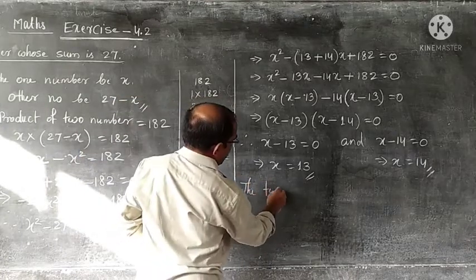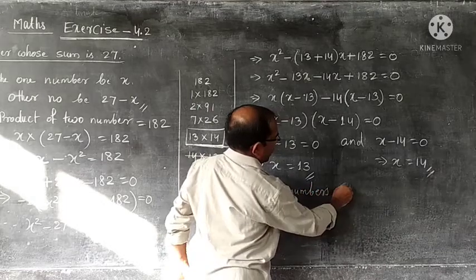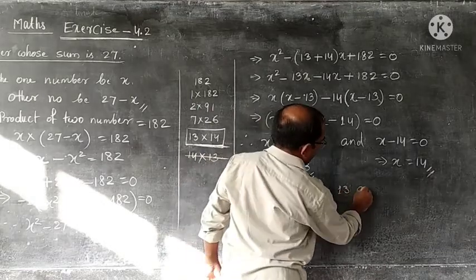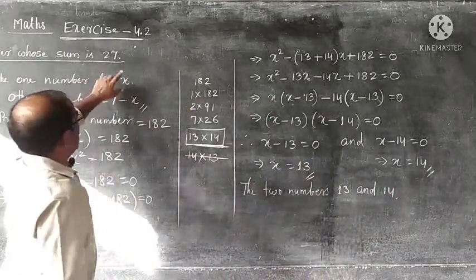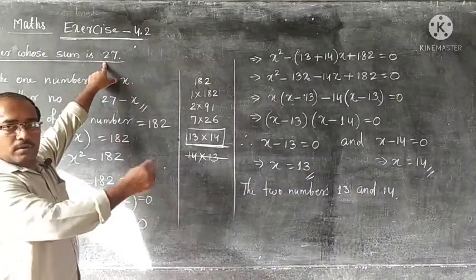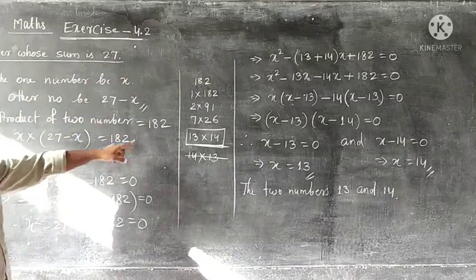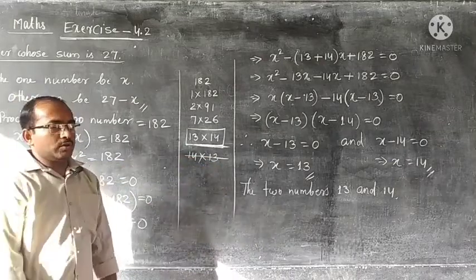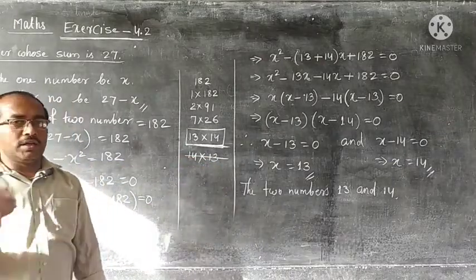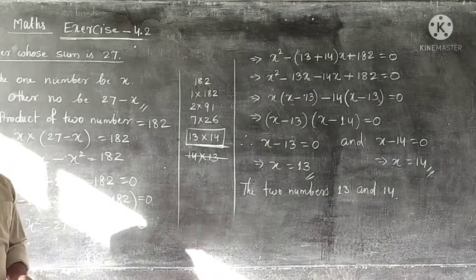The two numbers are 13 and 14. You can verify from here also. The sum of the two numbers is 27: 13 plus 14 is 27. And when we multiply them we get 182, since 13 into 14 is 182. So this is easy work and interesting to do. I hope you are following and learning properly.